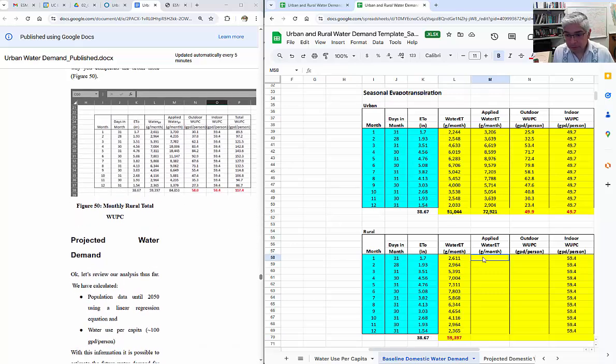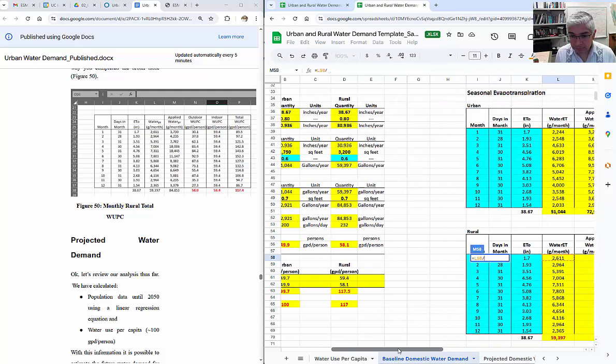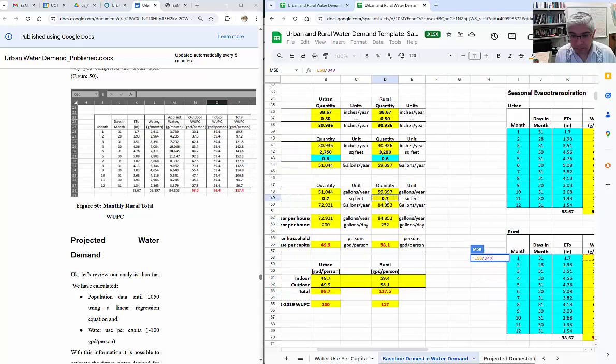There you go. Then the applied water will be this divided by the irrigation efficiency.